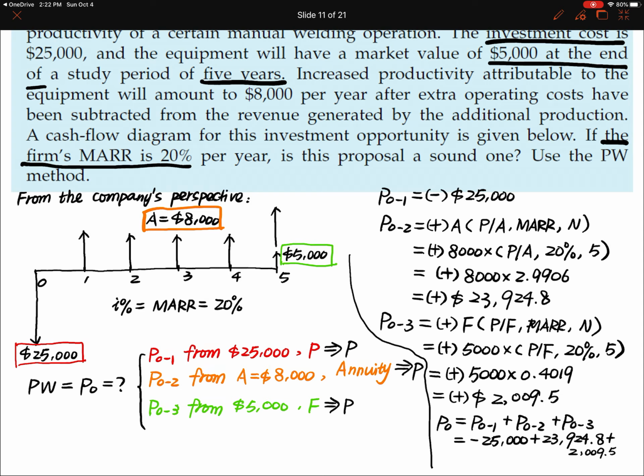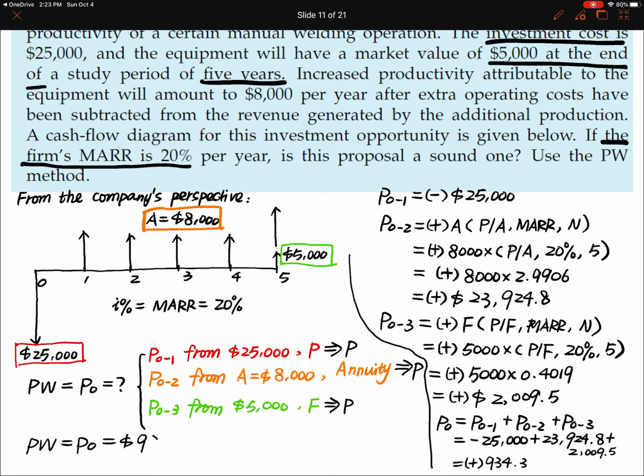Let me write it down here. So 2,009.5. Okay. And the final result is positive 934.3.